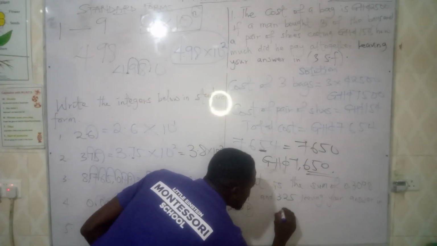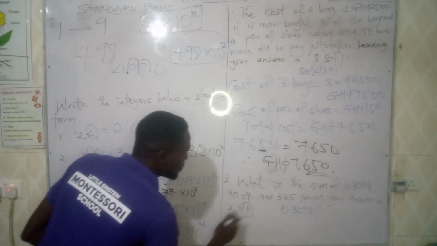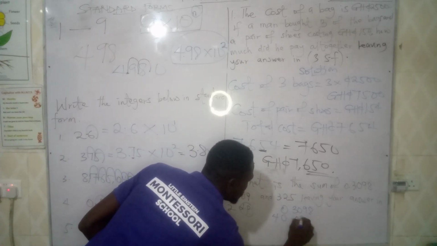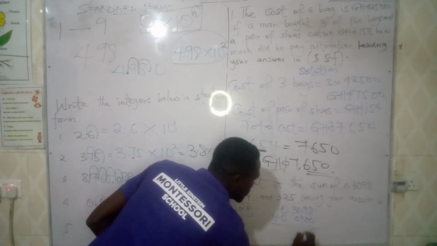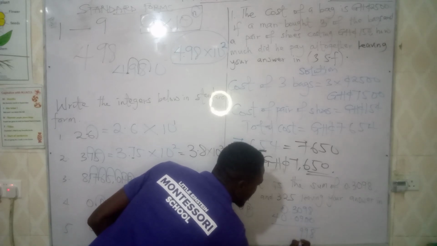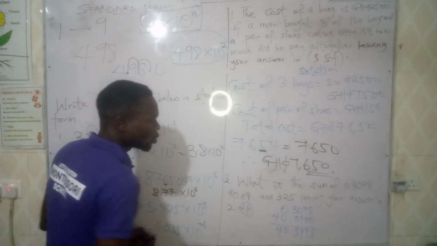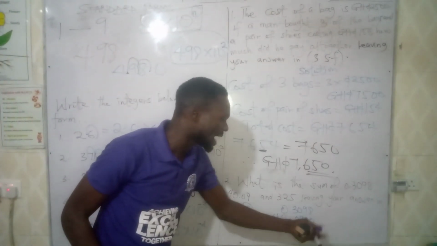So we can say 0.3098. Let's add the decimals, which is 40.09. So 0, 0, you have 8, you have 9, you have 9, you have 3, 0, you have 4. So adding the decimals, we are getting 40.3998.